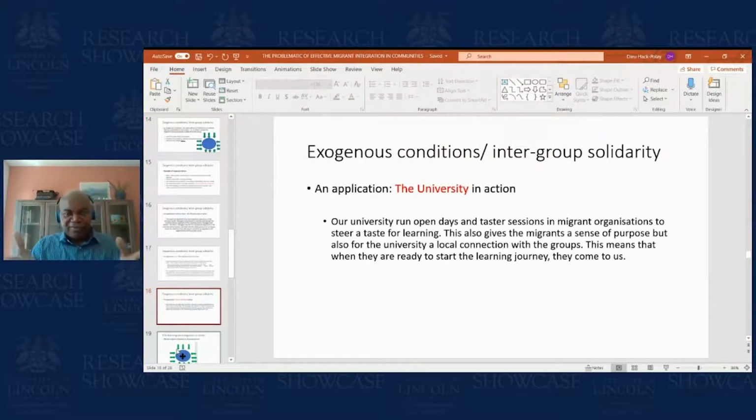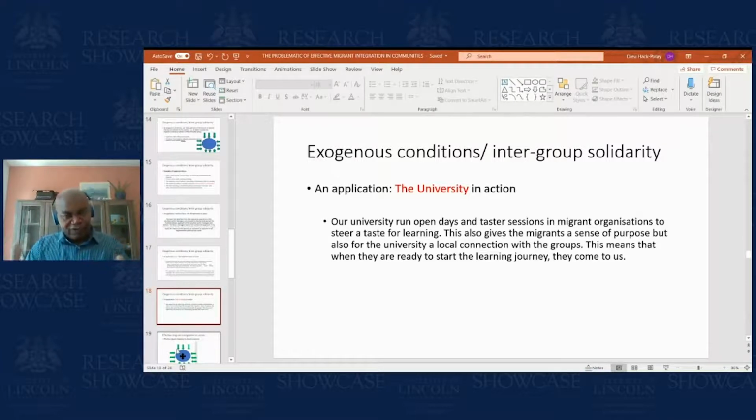Another example is universities. One of the universities I have known before was quite instrumental in delivering service to new migrants. Basically, the university would offer taster courses and events in those community groups, visit them to run some open days in those migrant enclaves, and empower them to understand the weight of higher education in migrant integration.